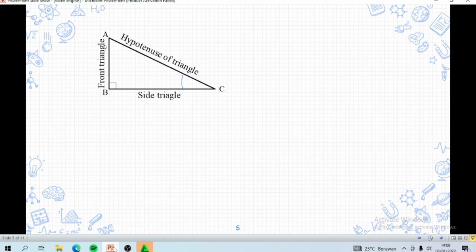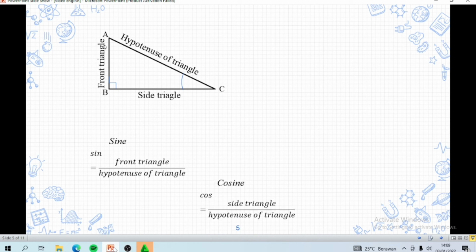So, we can look at the picture. A to B front triangle, B to C side triangle, A to C hypotenuse of triangle. Sin equals front triangle divided by hypotenuse of triangle.